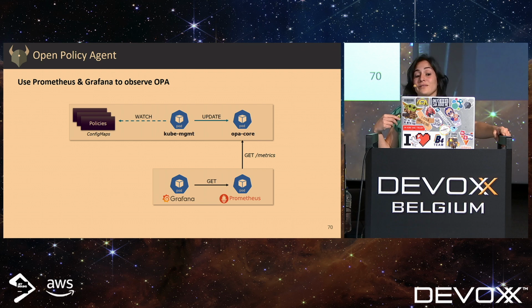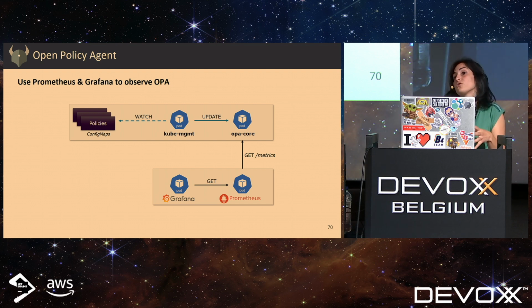So one of the good practices would be to monitor Opa as an infrastructure component, because if Opa is slow, all your cluster is going to be slow.